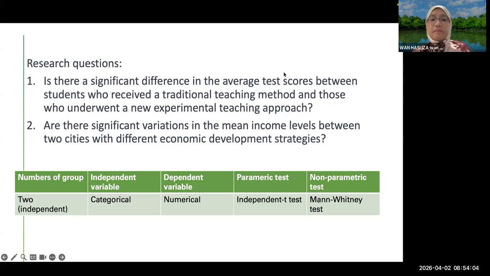Anyone know the answer? Which one is independent? Which one is dependent? Independent, type of student. Okay. Who else? Thank you, CB, for responding. Experimental, dependent.